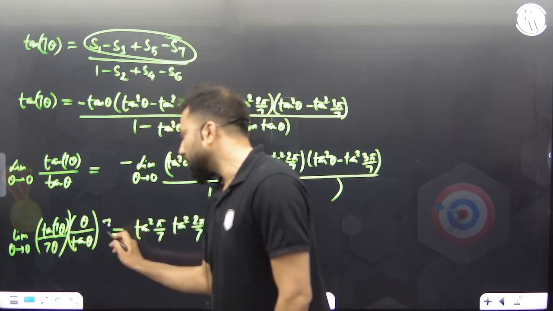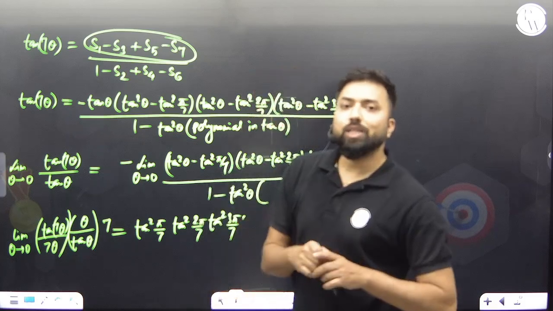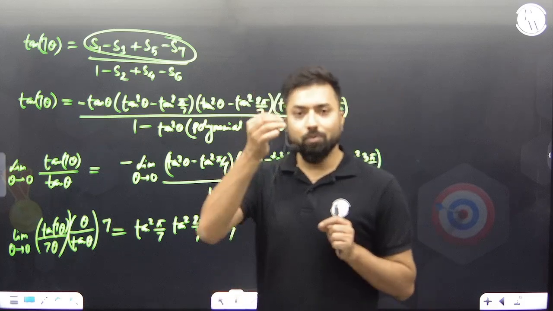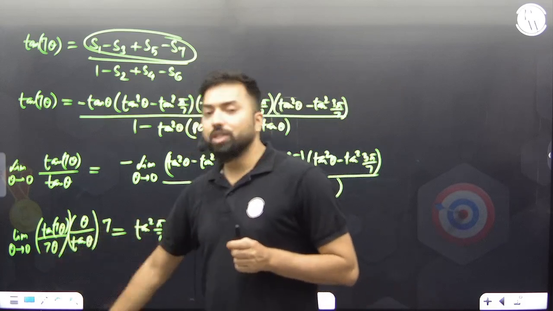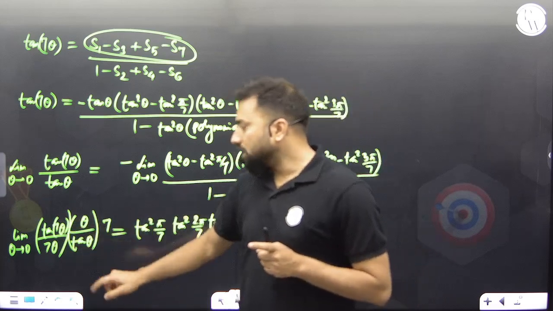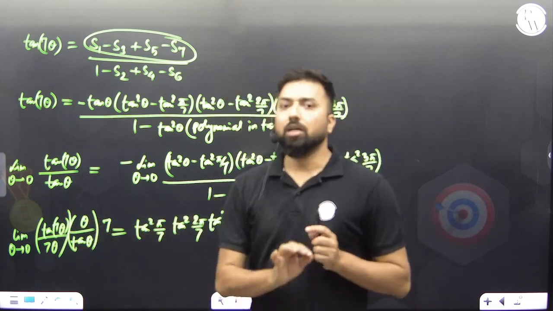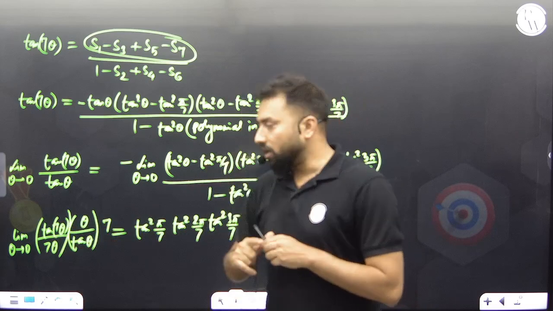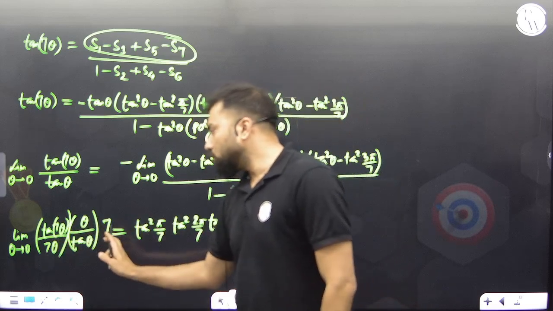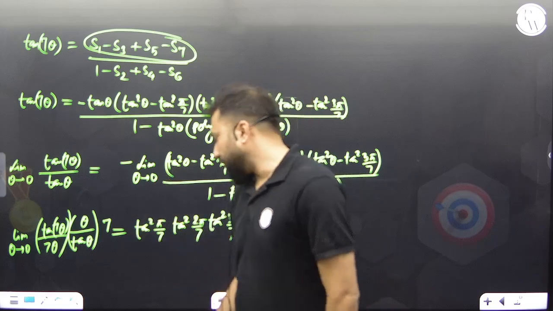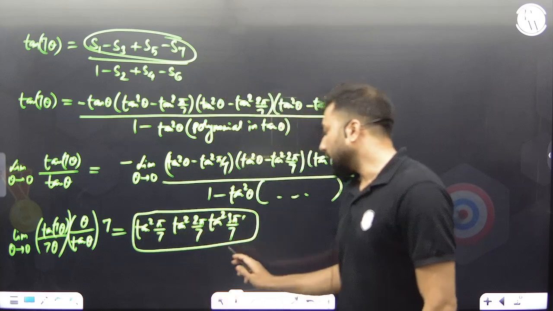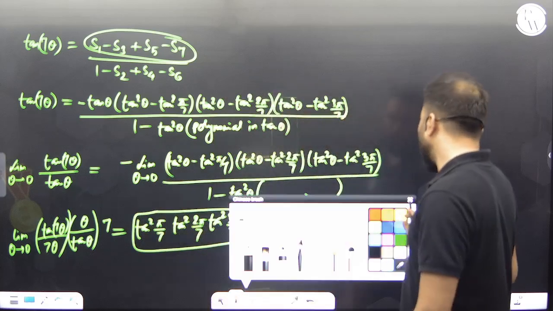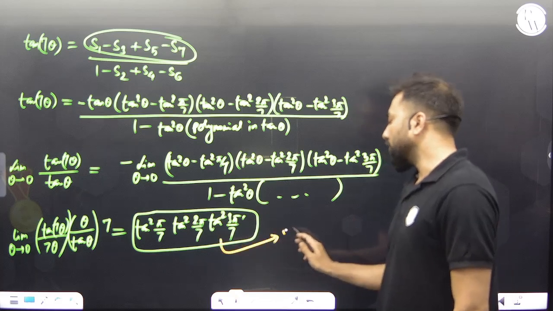Now we know that when x tends to 0, tan x by x is 1. So here theta tends to 0, tan 7 theta upon 7 theta is 1. So this limit is 1. Similarly, theta upon tan theta, this limit will also be equal to 1. So eventually 1 into 7. So the left hand side becomes 7. So the value of this particular term is again equal to 7.